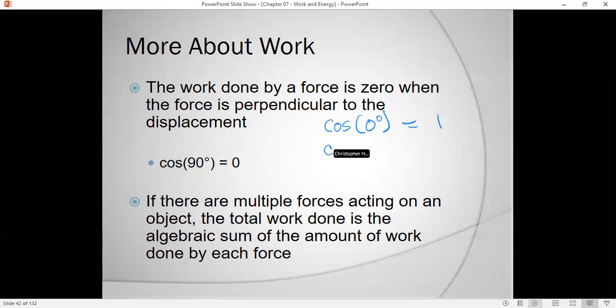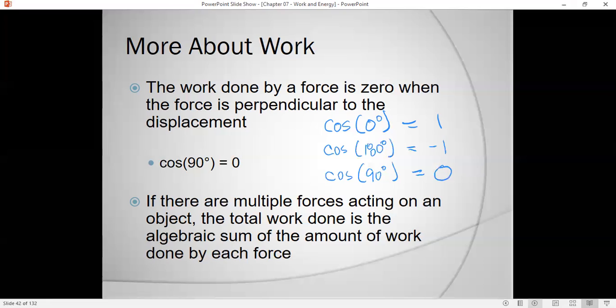When the angle is 180, as was the case for friction, friction is pushing against motion, then it becomes -1. Now, for a force that is perpendicular to the direction of motion, when we take the cosine of 90 degrees, we get 0.